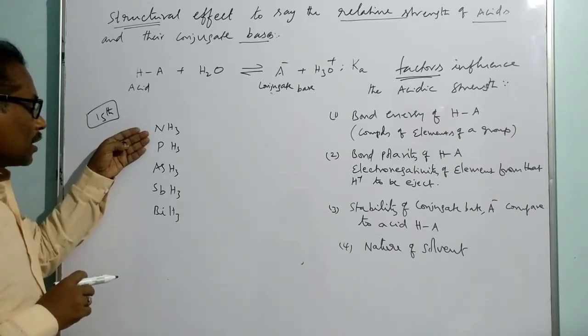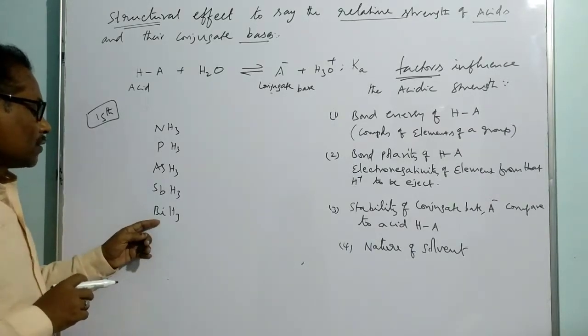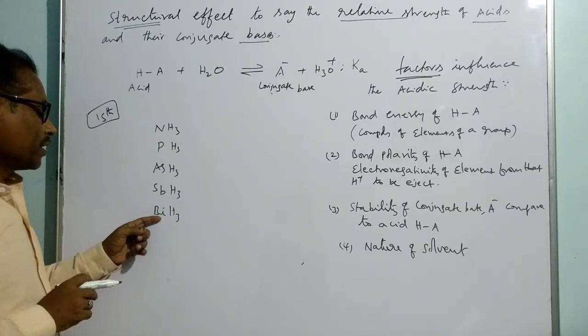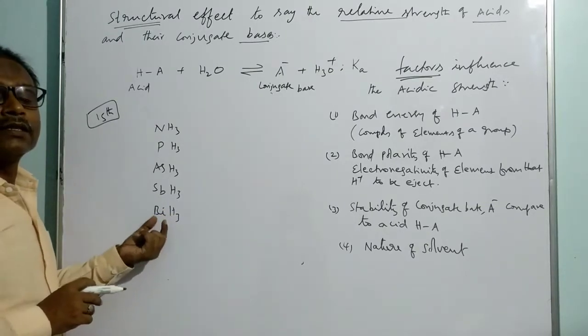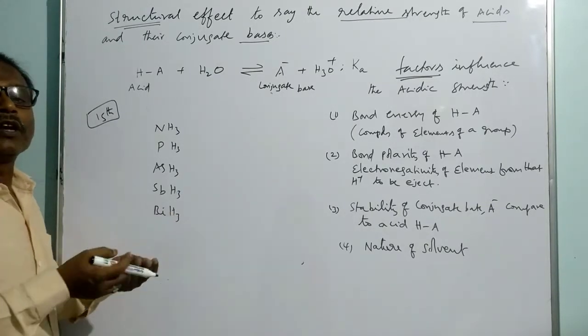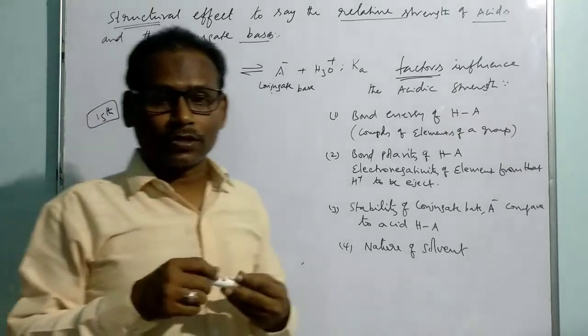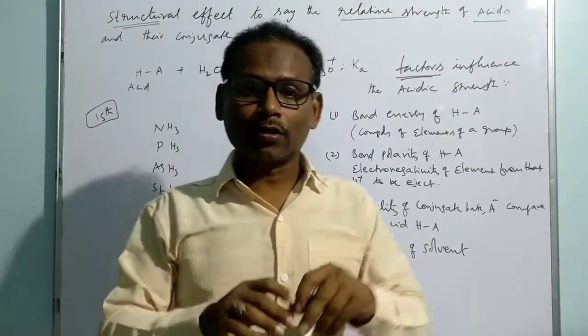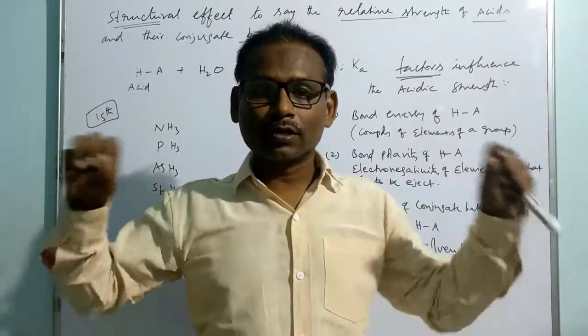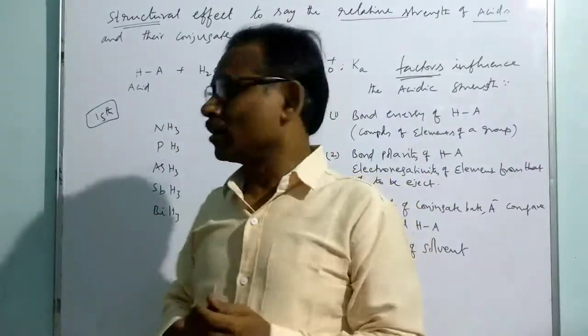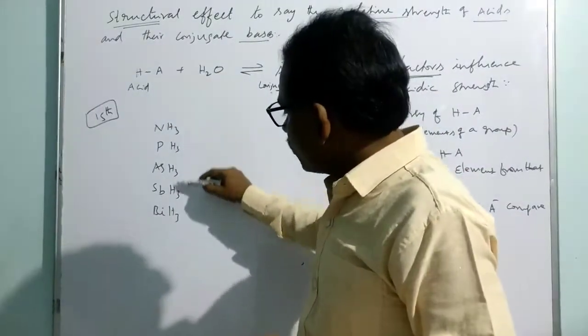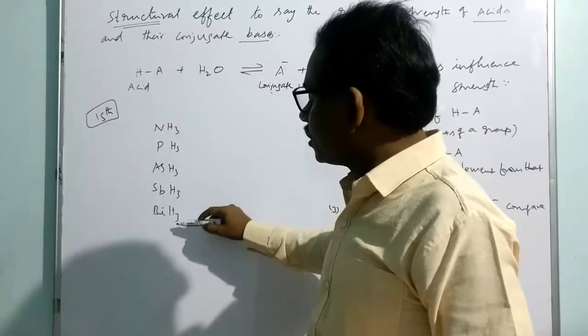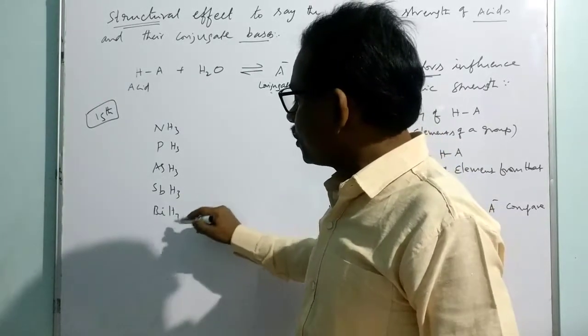Thereby we can say the size of the elements increases, otherwise the bond length between the element and hydrogen increases. That means it is easy to break. If you just take sticks of a shorter length and a longer length, the longer stick is easier to break. So in that way you can say as the bond length increases, the bond energies decrease. That means this is said to be a stronger acid.